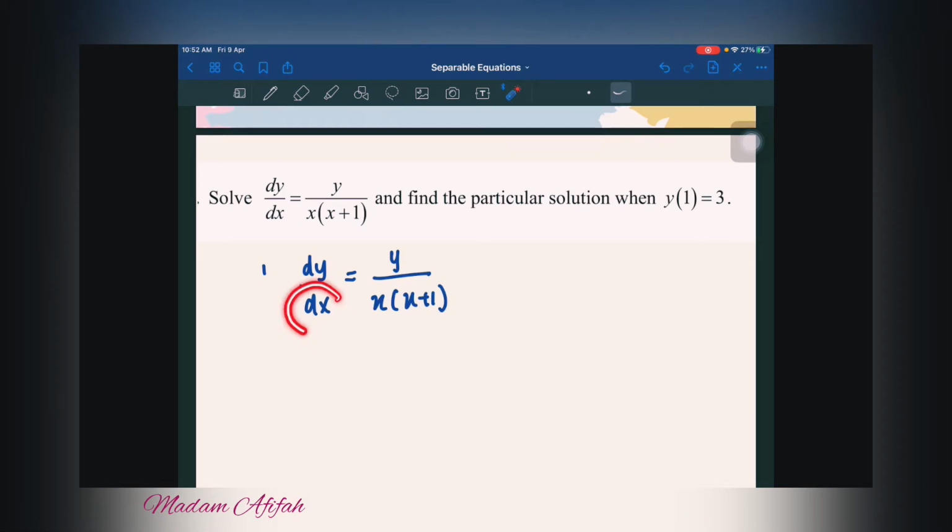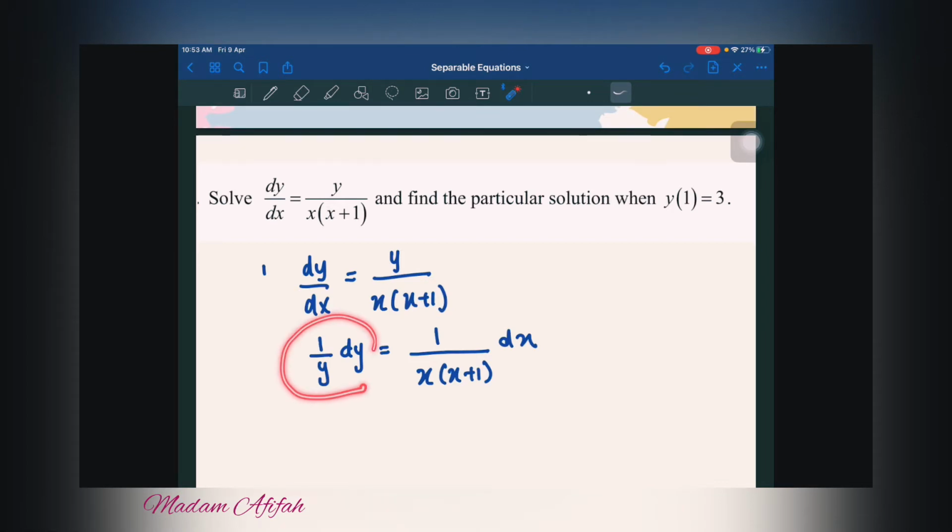You can just bring the dx to the right and the y to the left. Therefore, you will have 1 over y dy equals 1 over x plus 1 dx. Now we have already separated the function of y with dy and the function of x with dx.